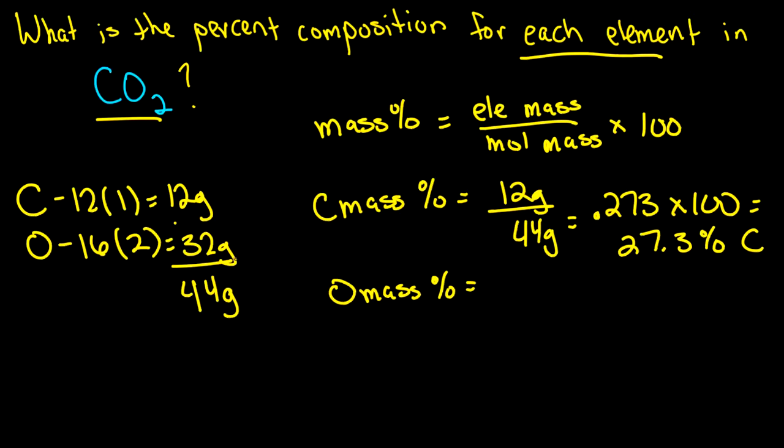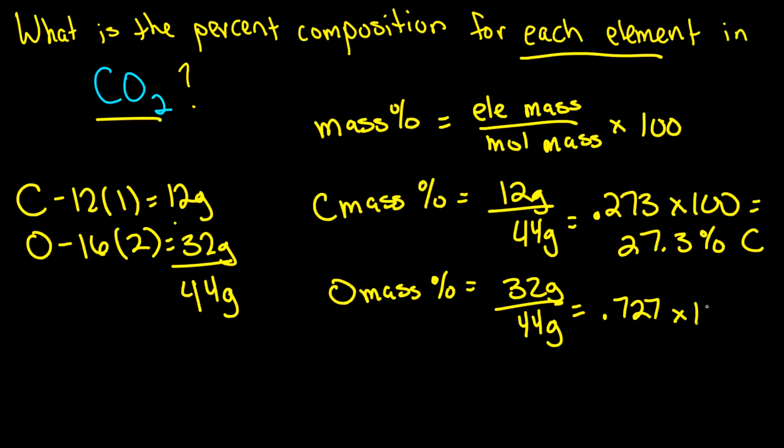Next up, we do oxygen mass percent. That's going to be 32 grams for the individual oxygen over 44 grams for the total carbon dioxide. Do that math. 32 divided by 44. I get 0.7272. So I'm not going to round it. I'm going to leave it though. That's 0.727.